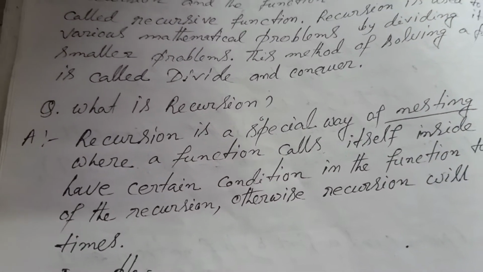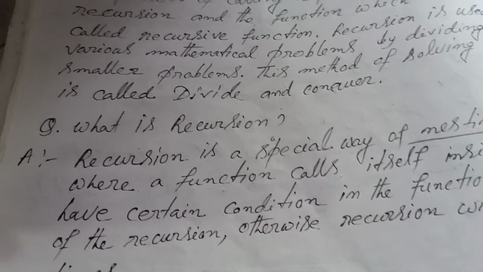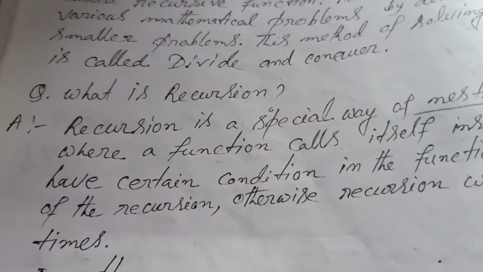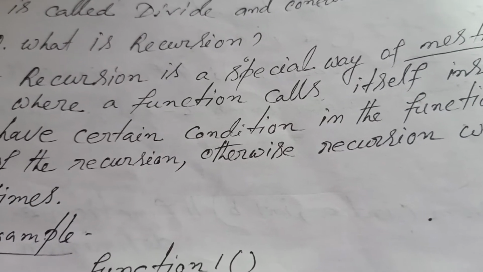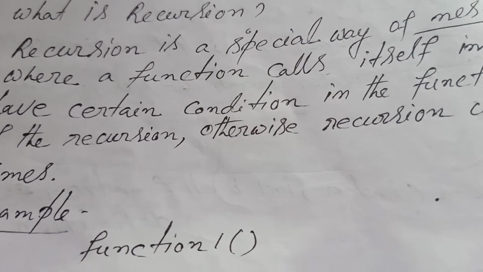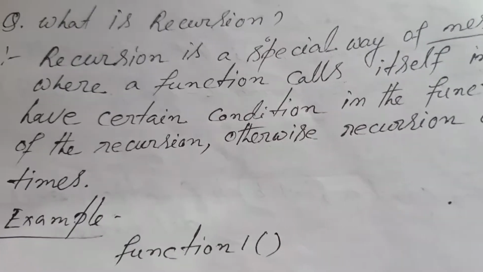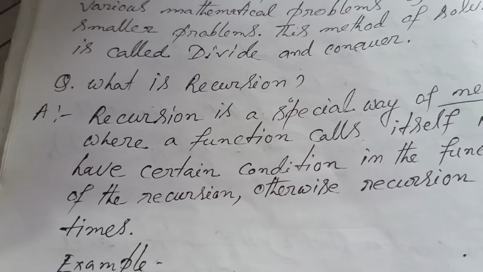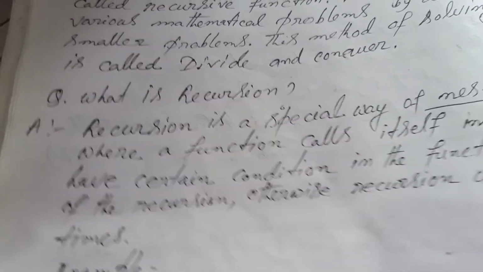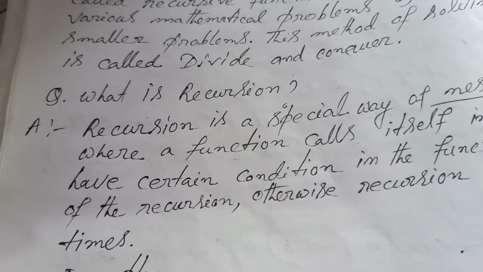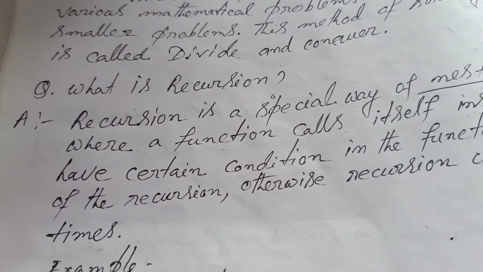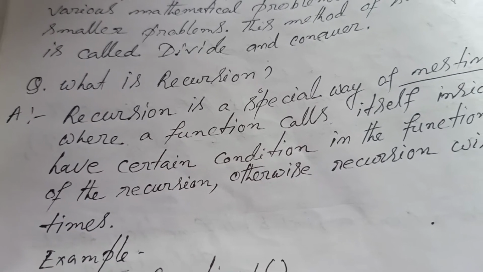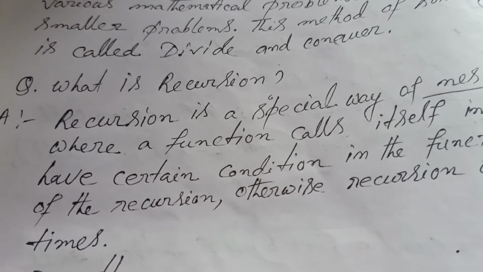So, recursion is when a function calls itself within the function. There is a possibility of the function running or executing infinite times, so we have to use a particular condition that breaks that infinite calling of the function.